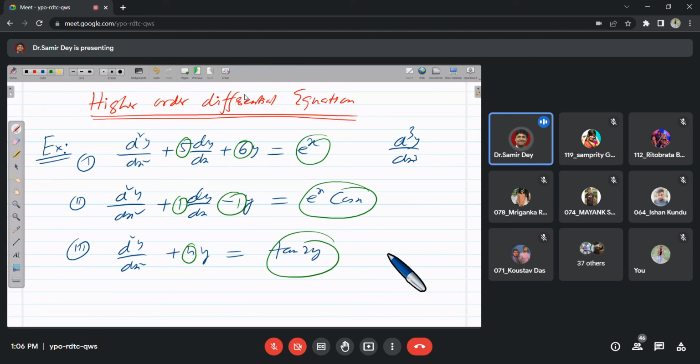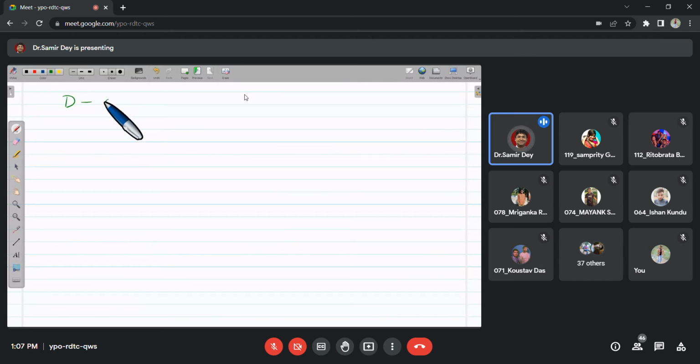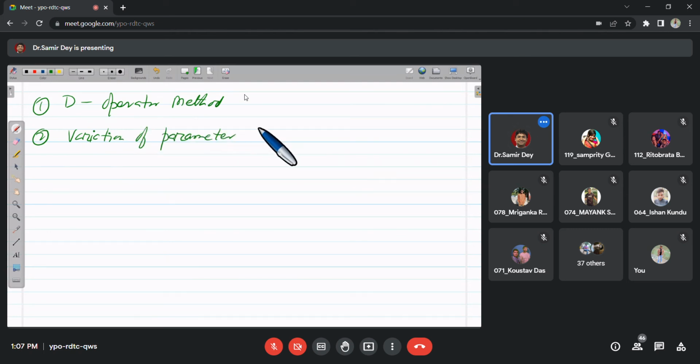So in this chapter, we will learn to solve this higher order differential equation. There are different methods we have. Number one method is D operator method, and number two method is variation of parameter method.